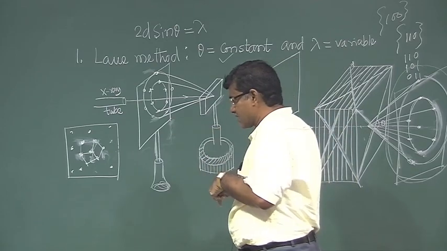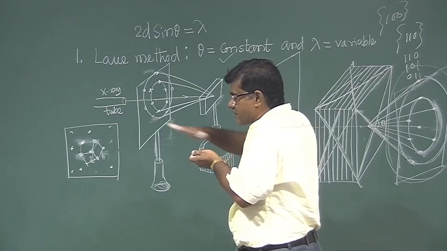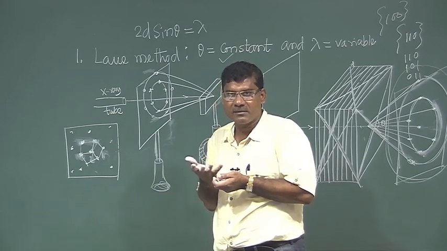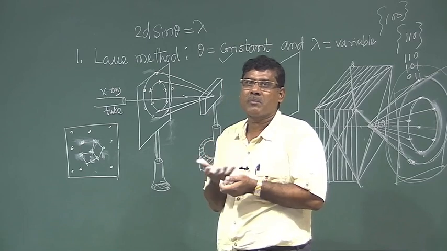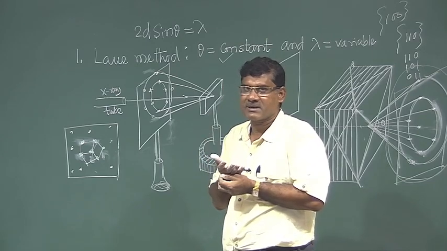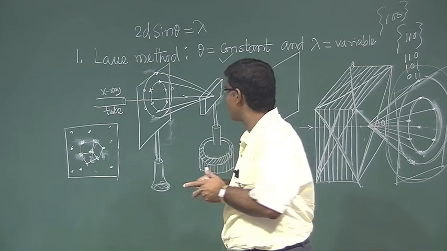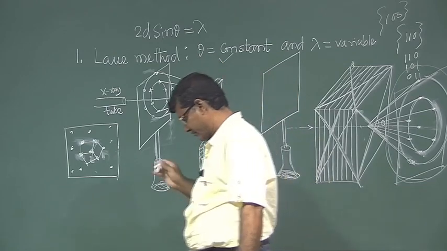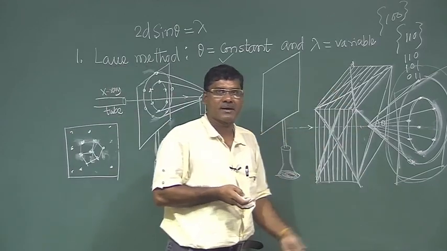If we cut a crystal, you can cut it in such a way that its surface is parallel to a crystal plane. It can be a 1 0 0 plane, or it can be a 1 1 1 plane. So if we have a crystal and want to find the surface plane, one also uses this method. So this is the experimental arrangement and the purpose of this experiment.